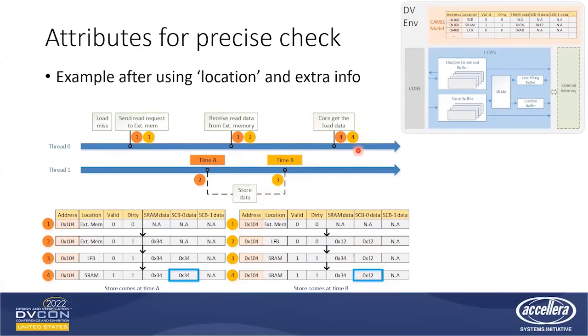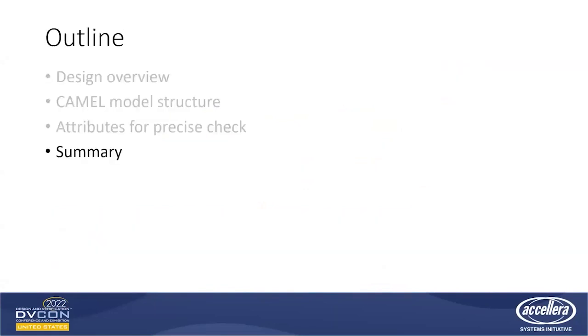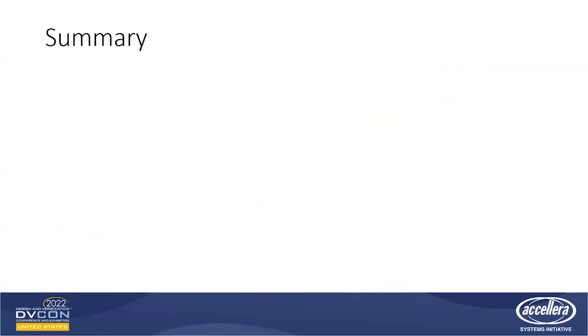So from this view, the true data value range will become one certain data. And in this way, the 3 checkers we just mentioned are achieved.